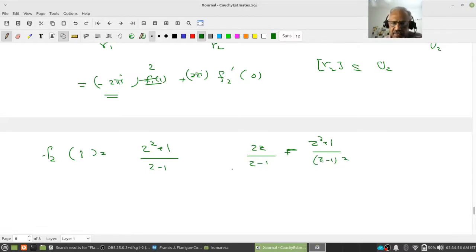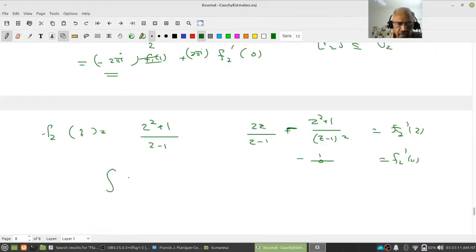And this is f2 dash of z. Therefore f2 dash of 0 is just minus 1 by 1 squared, that's just minus 1. Therefore the integral of the gamma 2 portion is minus 2 pi i. Therefore the integral of f over gamma is minus 6 pi i.